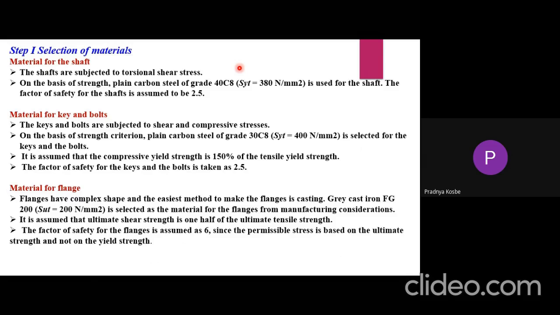On the basis of strength, which material is useful? A plain carbon steel of grade 40C8 with SYT 380 Newton per mm square is used for the shaft. And for that purpose, factor of safety is assumed to be 2.5.